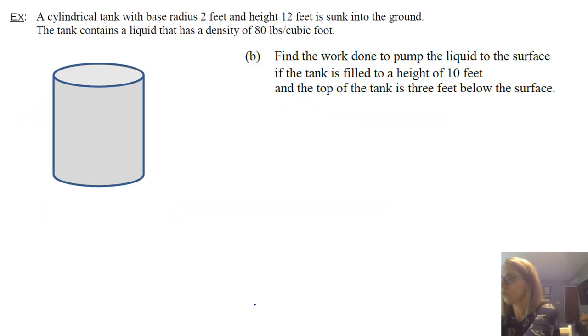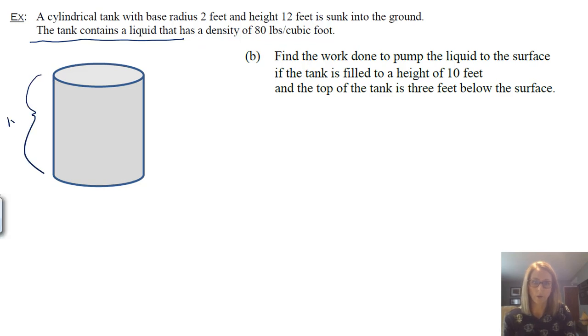So for B, notice the only difference is that the tank is filled to a height of 10 feet. And the top of the tank is 3 feet below the surface, but we're trying to get it to the surface. Okay, so now I've created another picture here. You can draw another one if you want, but here's the surface. So we want to understand that now our tank is still 12, but we also have this distance, which is 3.